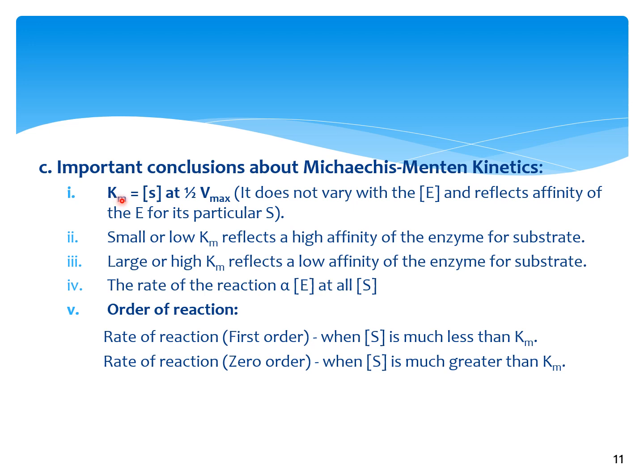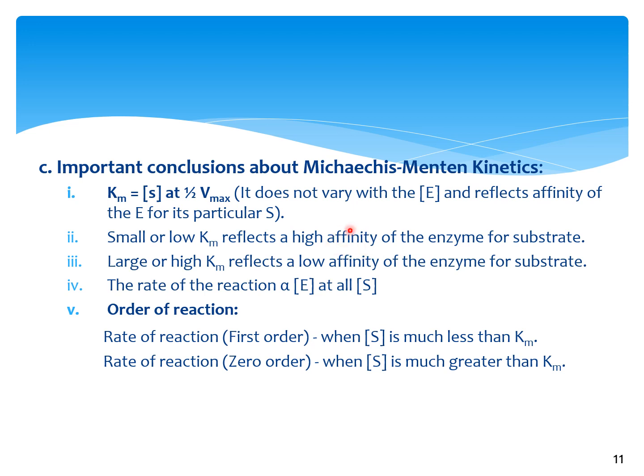Km does not vary with the enzyme concentration. When we increase the enzyme concentration, it doesn't affect the Km. And it shows the affinity of the enzyme for its particular substrate. A small or low Km reflects a high affinity of the enzyme for its substrate.